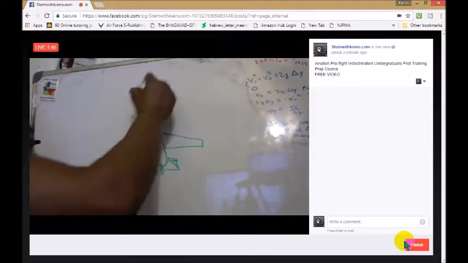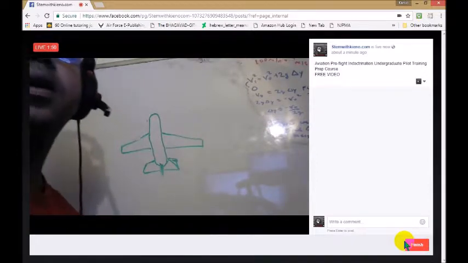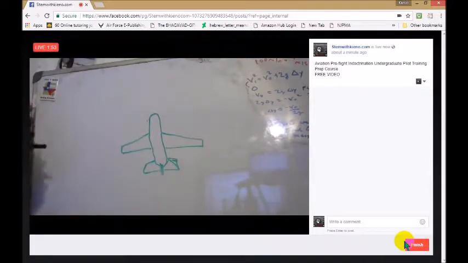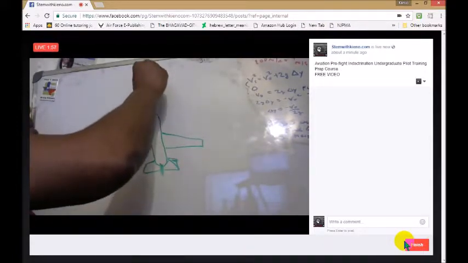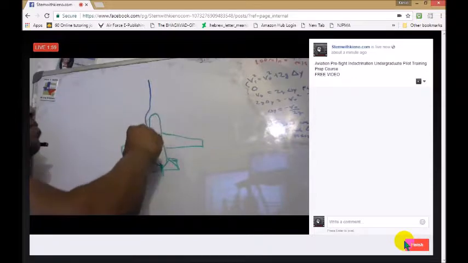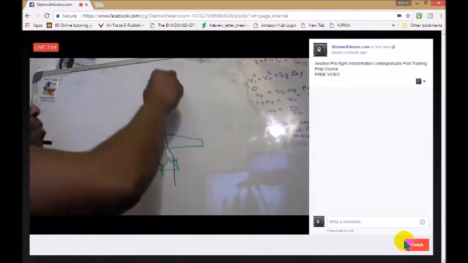Okay, so as the aircraft flies through the air, the air molecules are going to pass over the airplane like this.